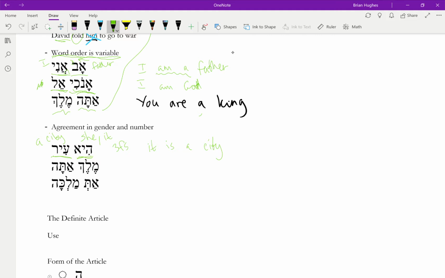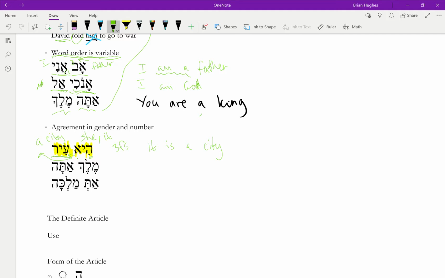We still need to remember that it's feminine because that'll clarify it's referring to ir and not some other later feminine noun in the sentence. But still, it's going to help us out. The pronoun we're using has to agree in gender and number with the noun to which it's referring, or that it's paired with, or that it's replacing.